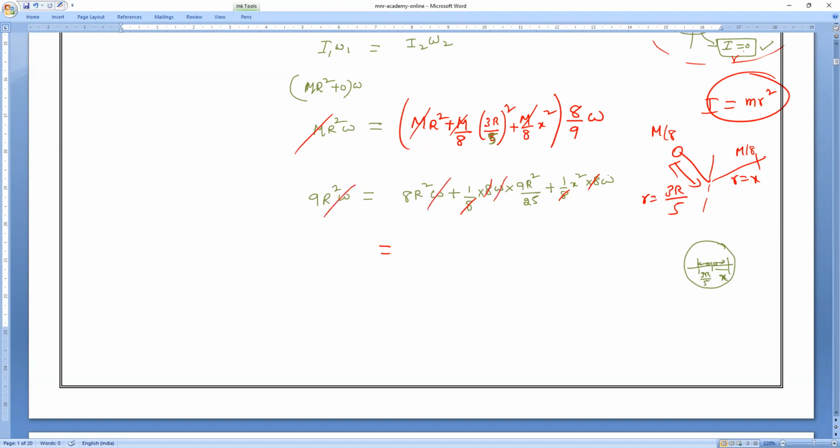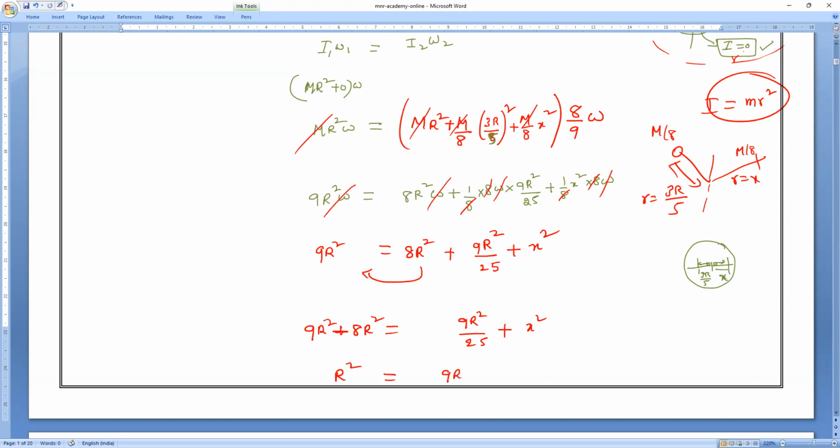So what is remaining? 9r square equals 8r square plus 9r square by 25 plus x square. Is it okay? So 8r square I will send to this side, which gives 9r square by 25 plus x square equals 9r square minus 8r square. So 9r square minus 8r square, how much, guys? R square.